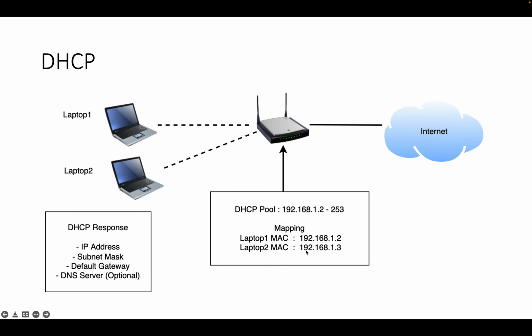DHCP. You guys must have seen this environment wherein your laptop or mobile device is wirelessly connected to a Wi-Fi router, and from Wi-Fi router you reach internet, right? Let's call this environment as home networking. So where is DHCP used?